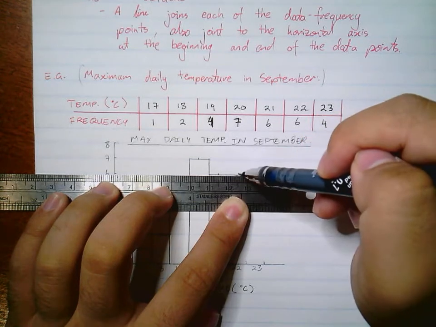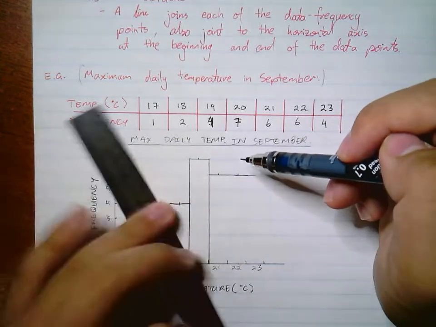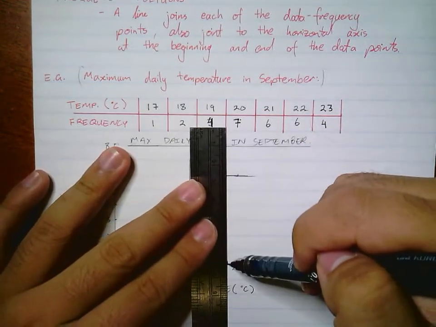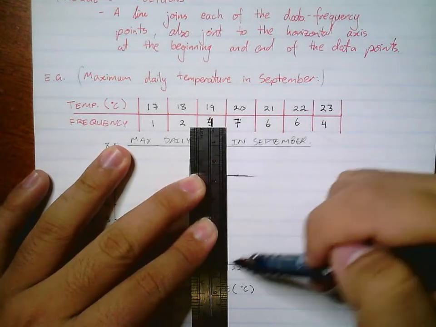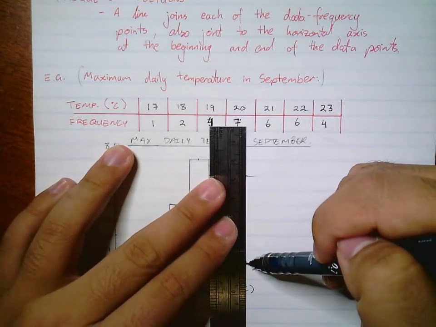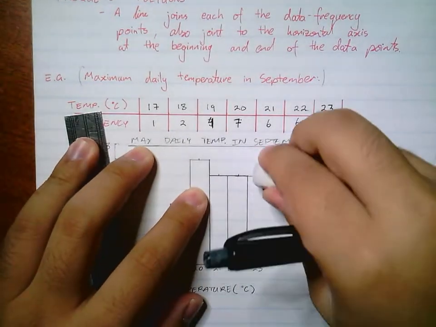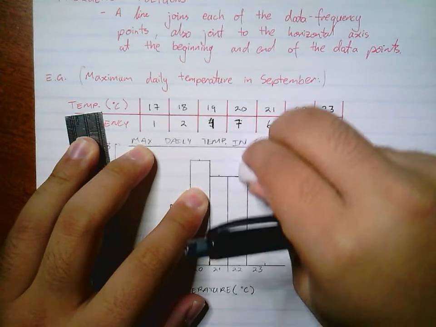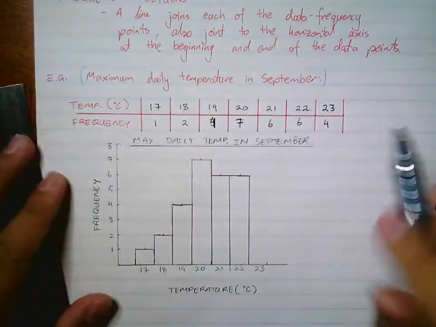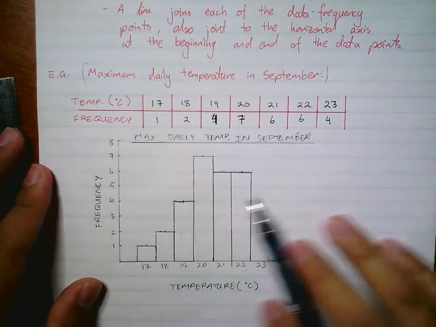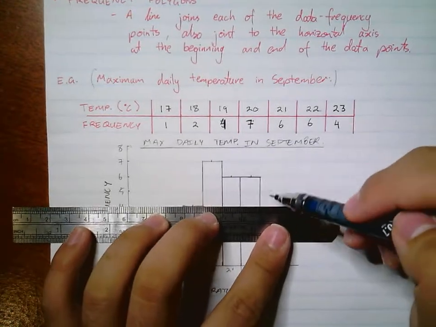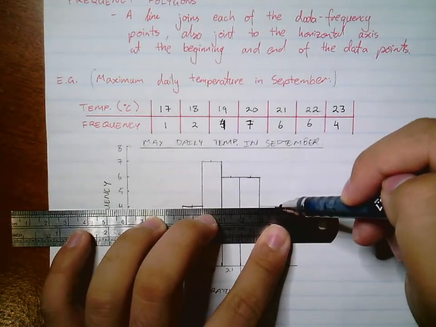I'll mark halfway between each and we'll push this up like that. Just clean things up a little bit. And 23 happened 4 times again. So here we are, 4 more times, 1 centimeter across.